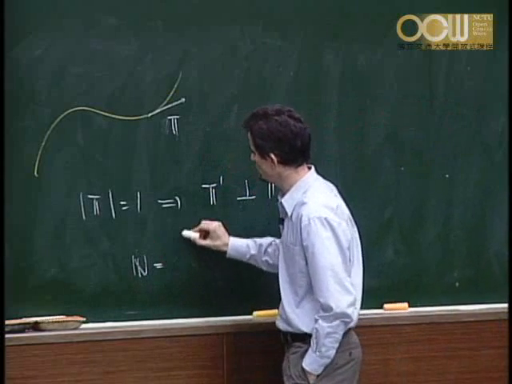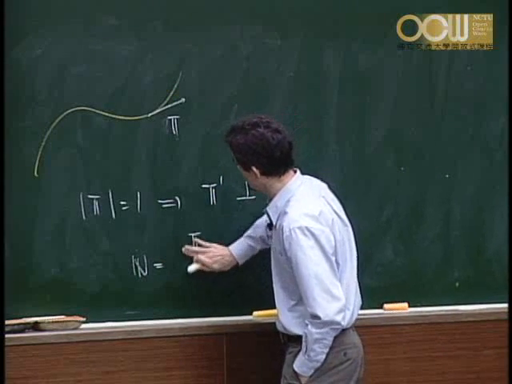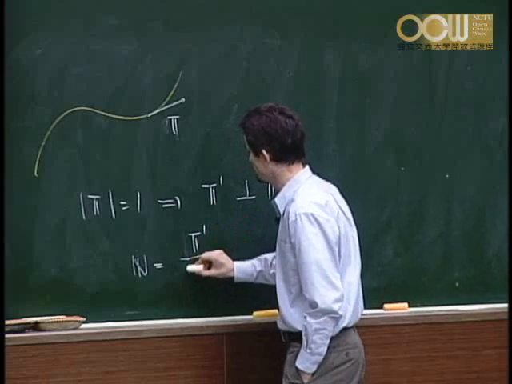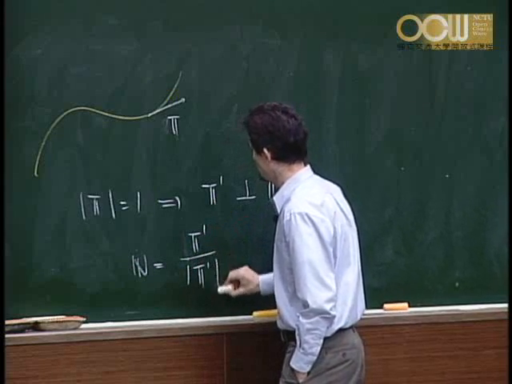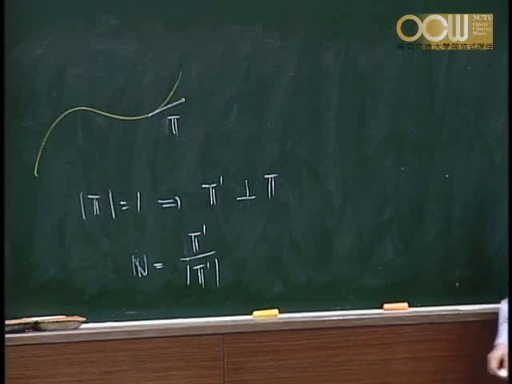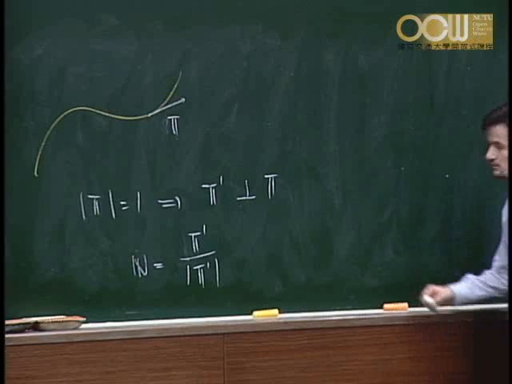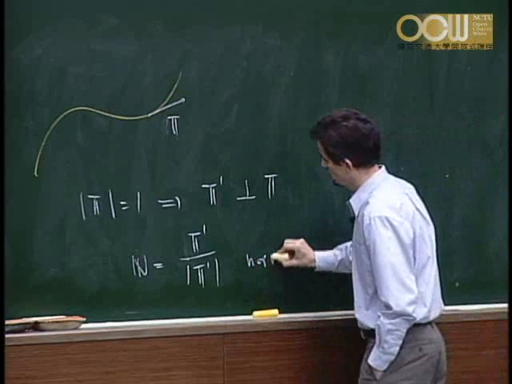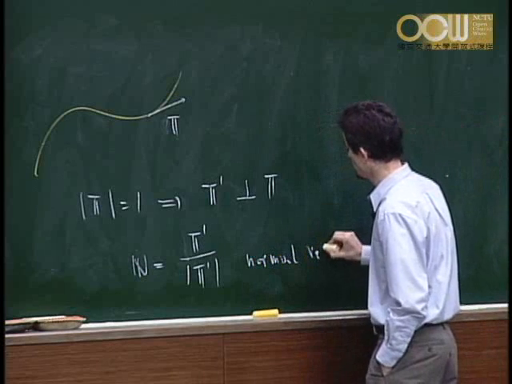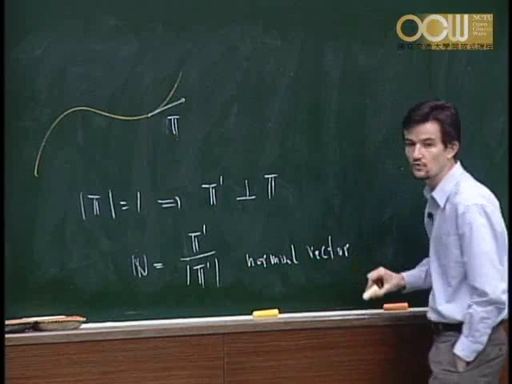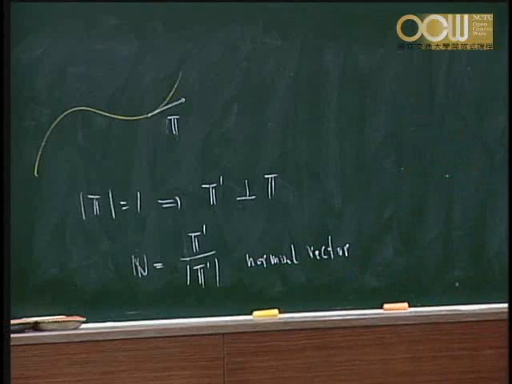Because this vector does not necessarily have length 1, we normalize it, and the normalized vector is called n. So n is the normalization of the derivative of the unit tangent vector, and this vector is called a normal vector. Because there are many normal vectors, sometimes you have to add principal normal vector or unit normal vector.